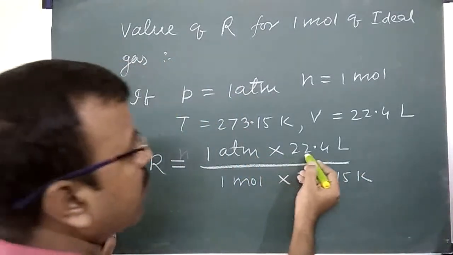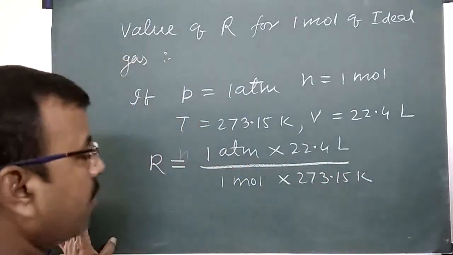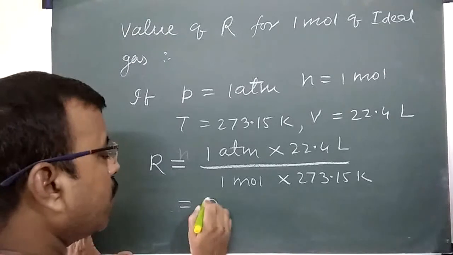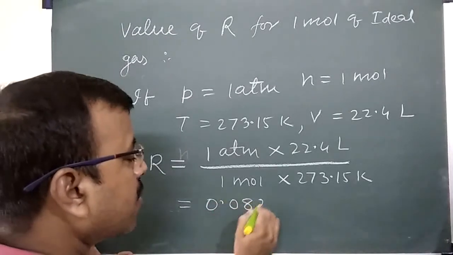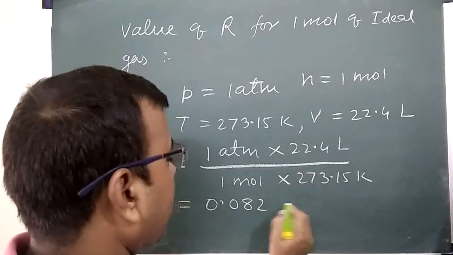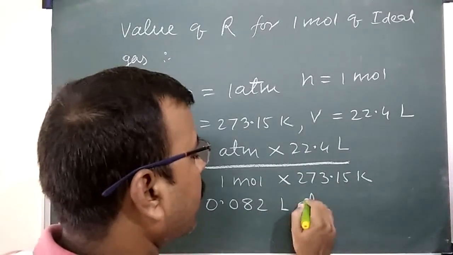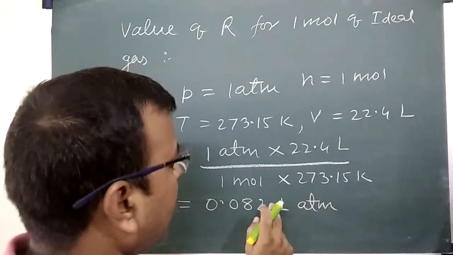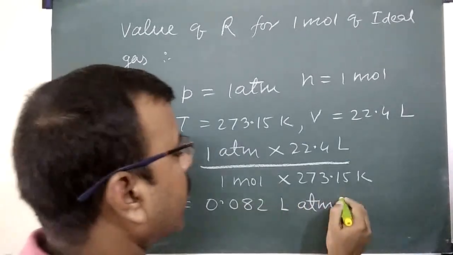When you divide 22.4 by 273.15, you will get 0.082 liter atmosphere. You can write atmosphere liter also, per mole per Kelvin.